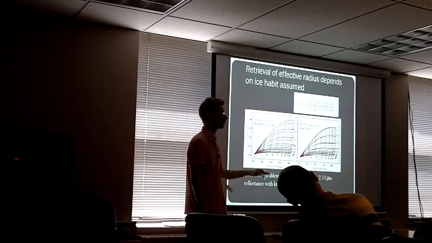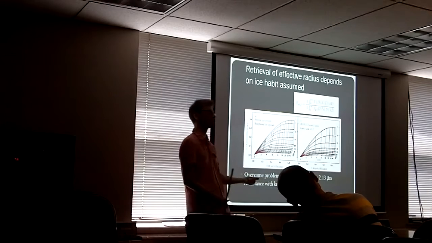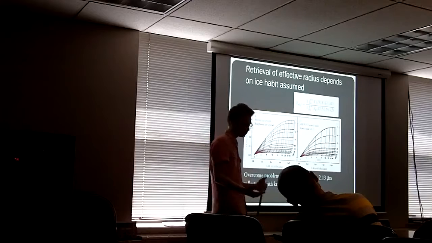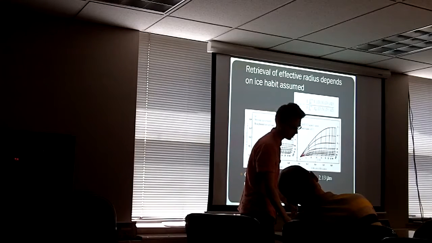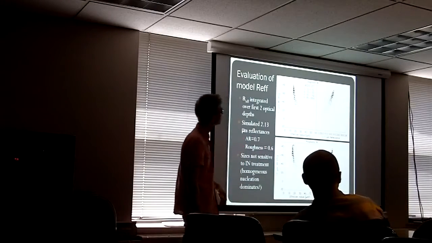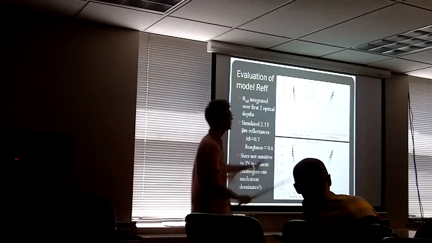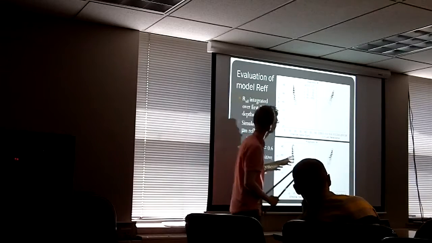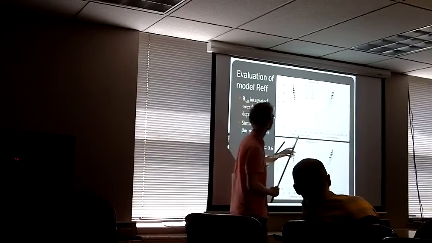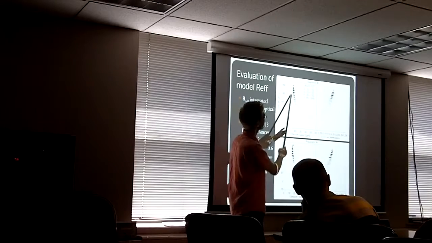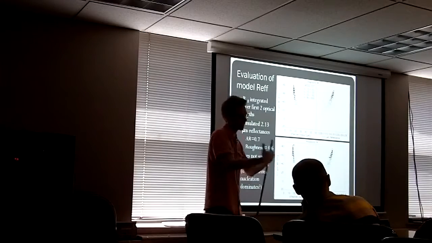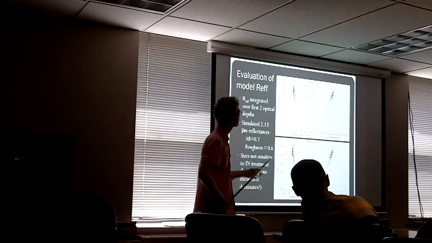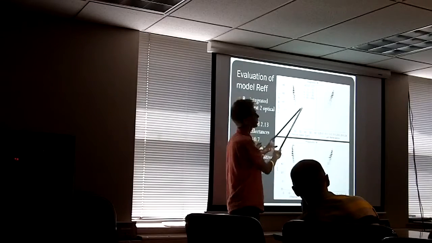Because we know the ice habit, the roughness, and the aspect ratio, we simulate it from the model results. So that's shown here. This is the effective radius that I calculated, the effective radius in the first two optical depths of the cloud, compared to the retrieved effective radius.